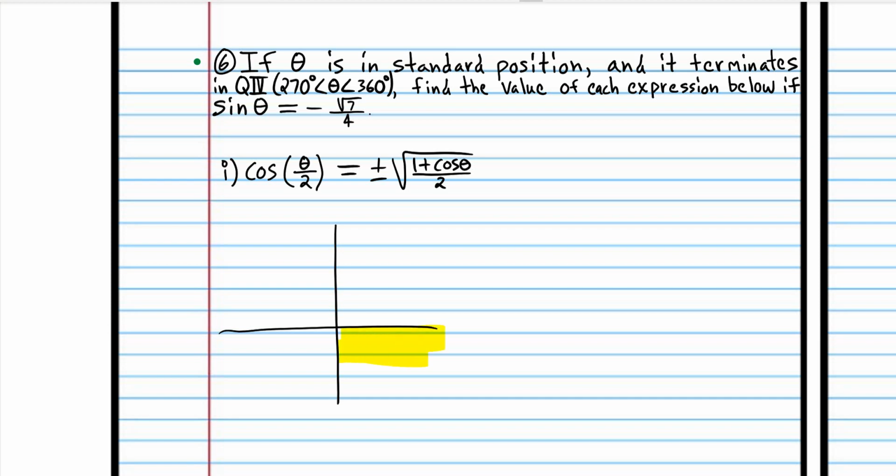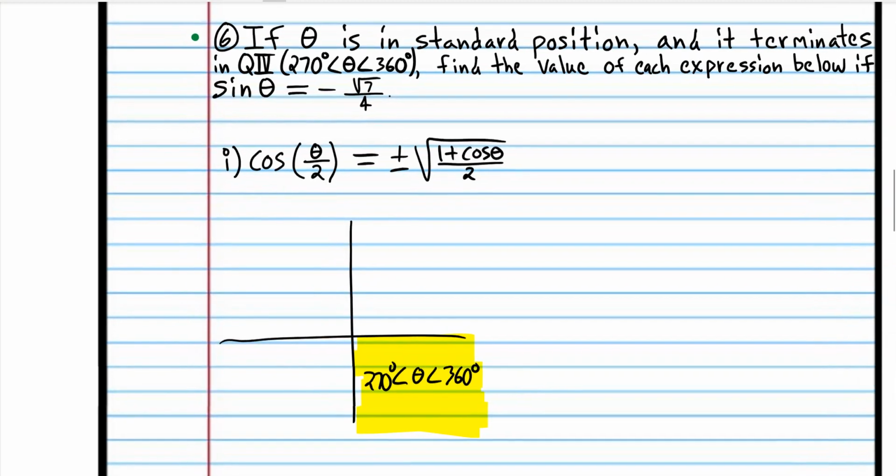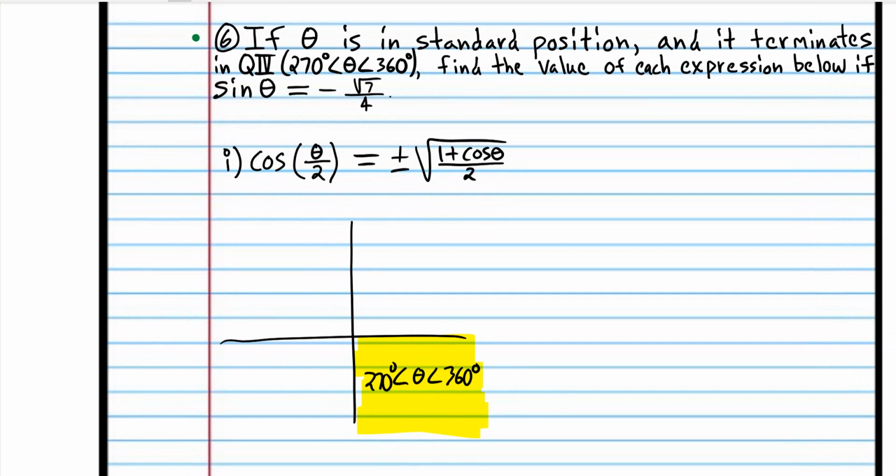They tell us it's in quadrant 4, and it's between 360 degrees and 270 degrees. So we want to know where theta over 2 is going to be. If you do the math, you can see it's actually going to end up in quadrant 2. We can divide theta by 2.